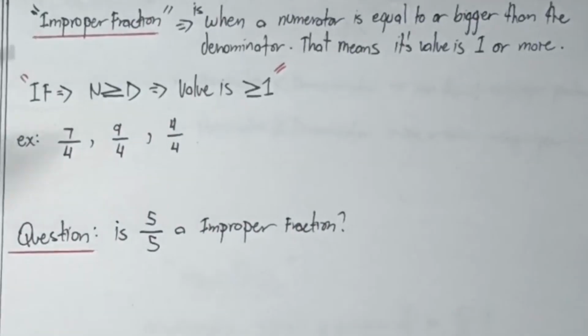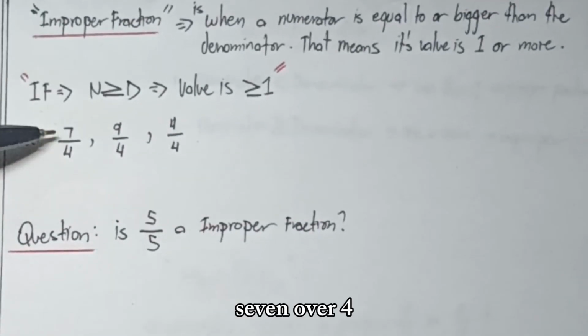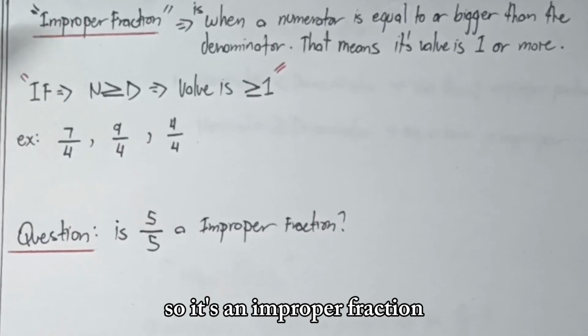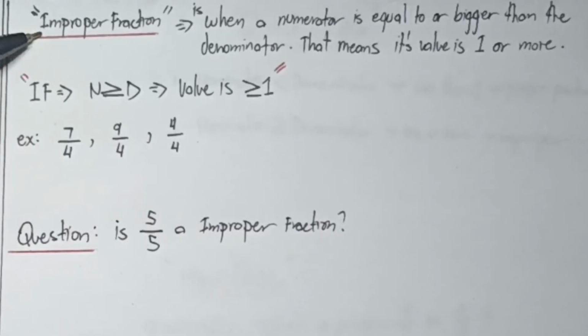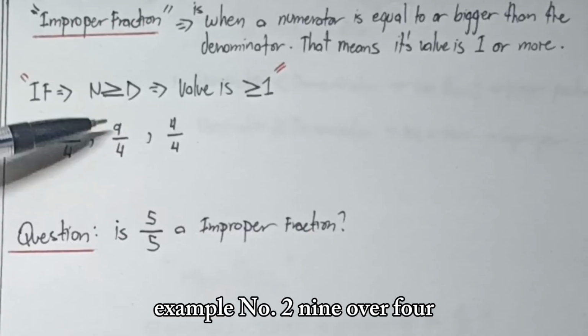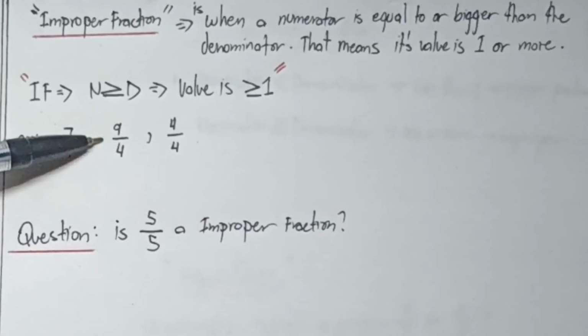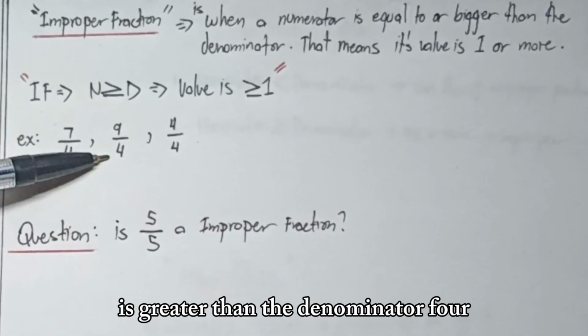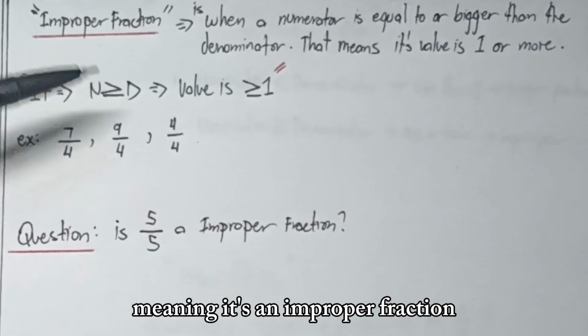For example, 7/4. The numerator is greater than the denominator, so it's an improper fraction. Example number 2, 9/4. The numerator again is greater than the denominator 4, meaning it's an improper fraction.